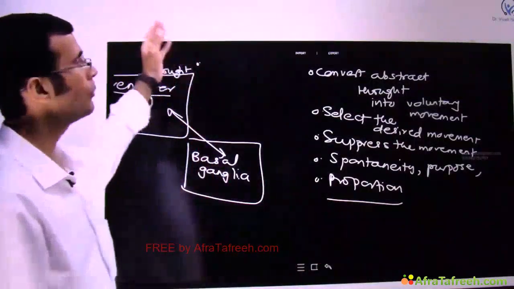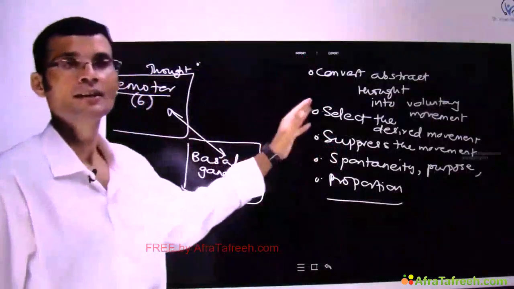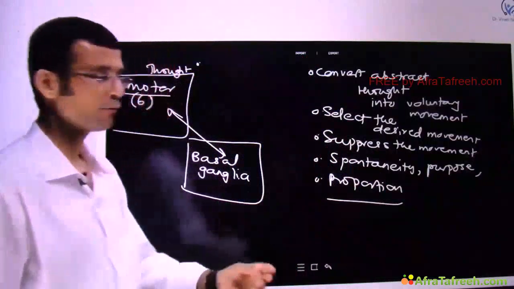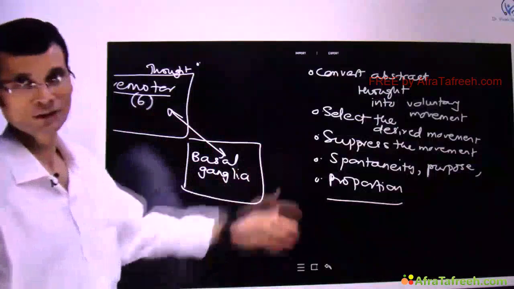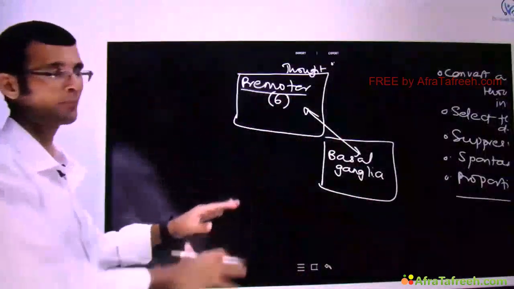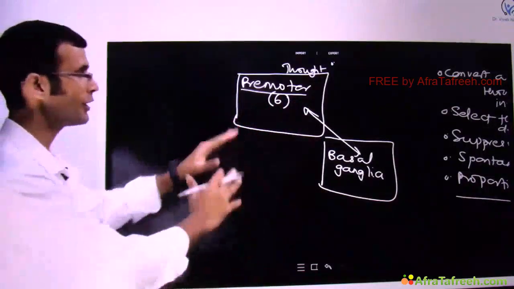And if you are writing on a board and 100 students are going to read it, what should be the size of the letters? It is a sense of proportion, and that's lost, and therefore there is micrographia, small letters, in Parkinsonism, a lesion of the basal ganglia. So basal ganglia will provide all this to the thought process, I mean to the voluntary movement.